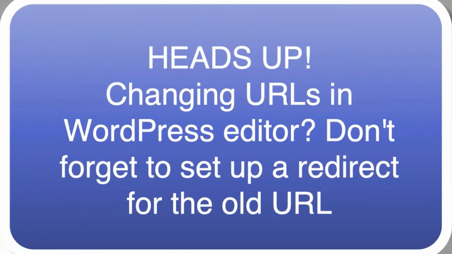The other thing I want to point out is that for that duplicate page, I could just go in and change the permalink right in WordPress, and I'm going to show that to you for those of you who are not sure what a permalink is or how to change it, but some of you might. And if you've been doing that, the URL that you just changed still exists.